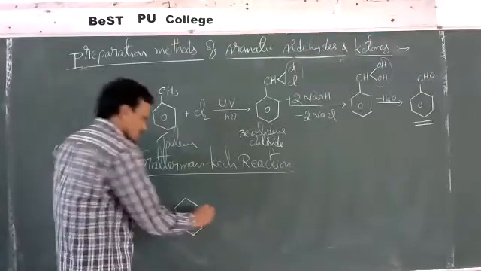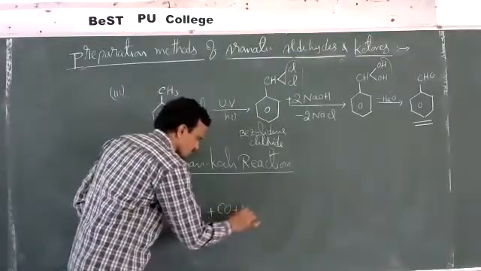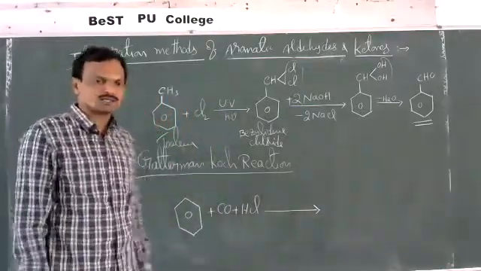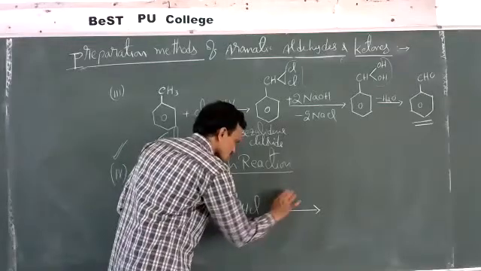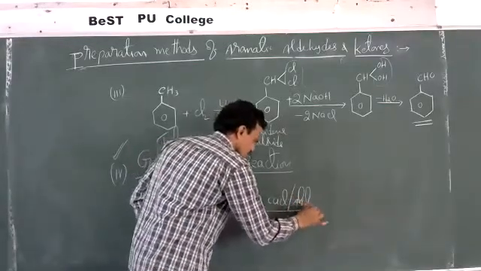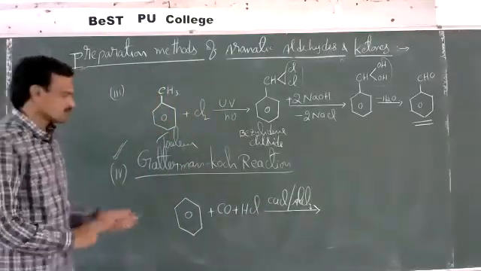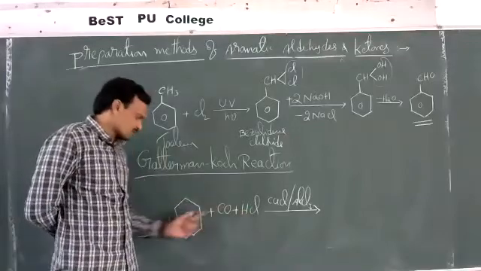So this benzene reacts with a mixture of CO plus HCl, carbon monoxide and hydrochloric acid, in the presence of CuCl, cuprous chloride, and AlCl3. In the presence of cuprous chloride and AlCl3, this carbon monoxide and HCl react with the benzene.